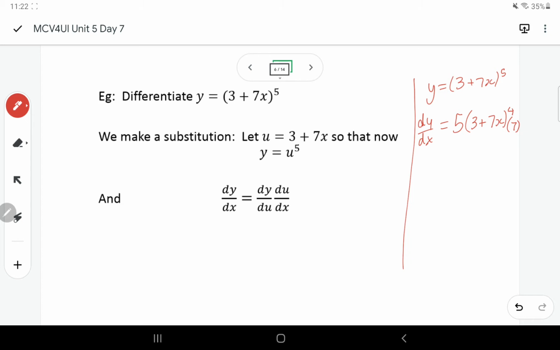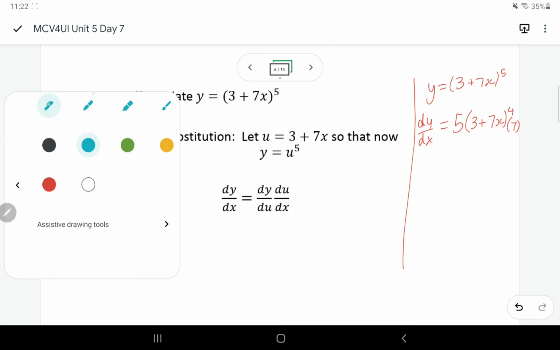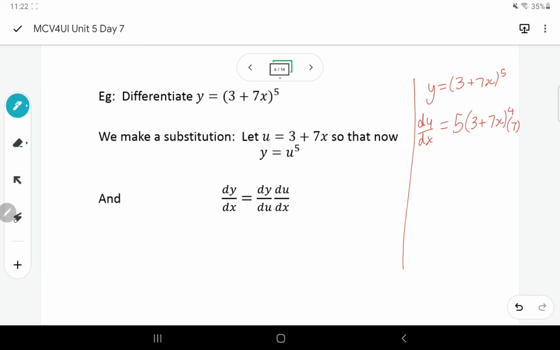Now we are doing the chain rule, and we are sort of thinking of that inside stuff, that 3 plus 7x, as a separate function. Usually we write that as f of g of x, but it can also be written as a substitution in terms of u. So if we let u equal that inside stuff, we can say that y is equal to u to the exponent 5.